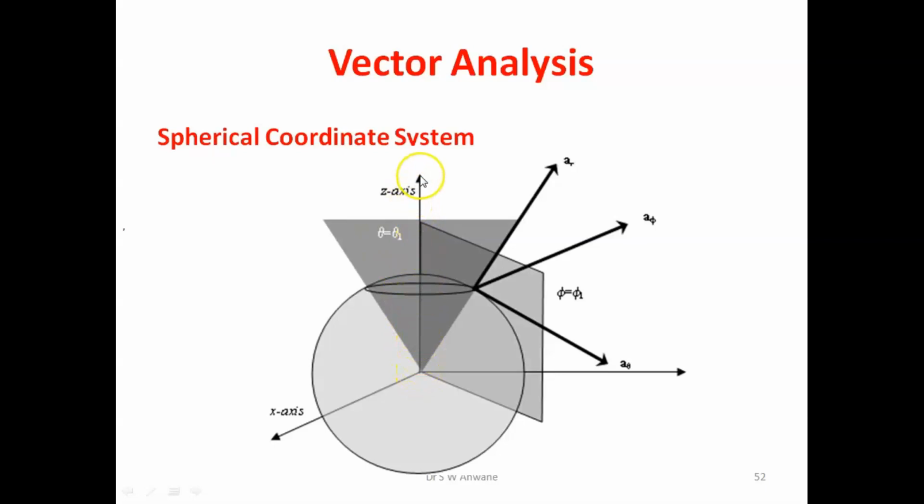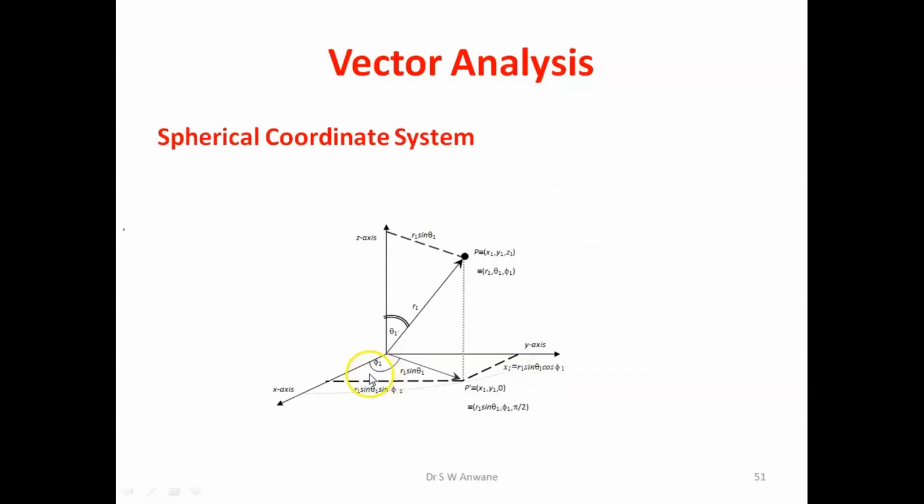When theta is equal to 0, the cone will merge into the z axis. Theta equal to pi by 2, it will flatten to represent the xy plane, and theta greater than pi by 2 will open this cone downwards, and at theta equal to pi, it will merge into the negative z axis.